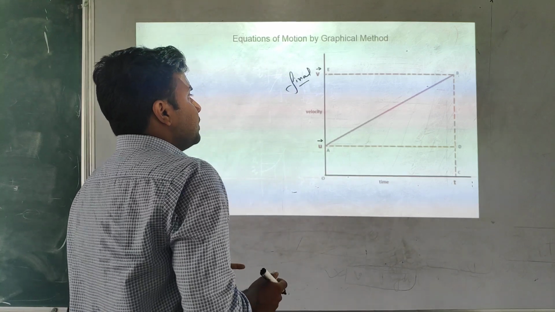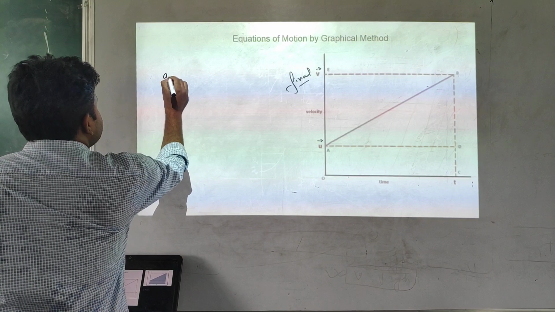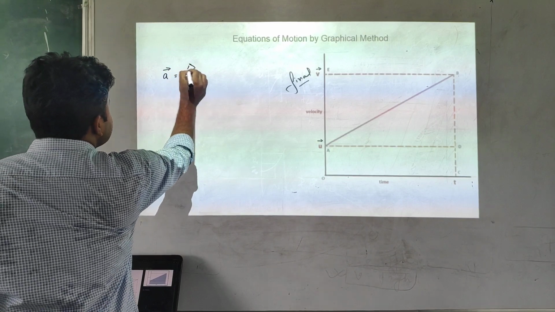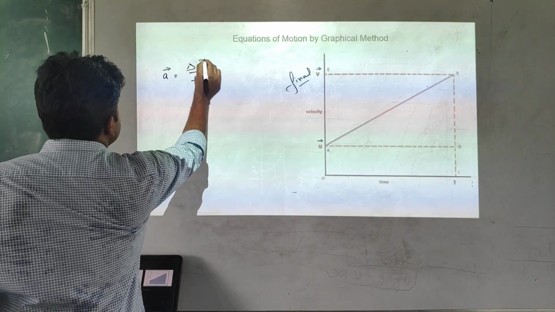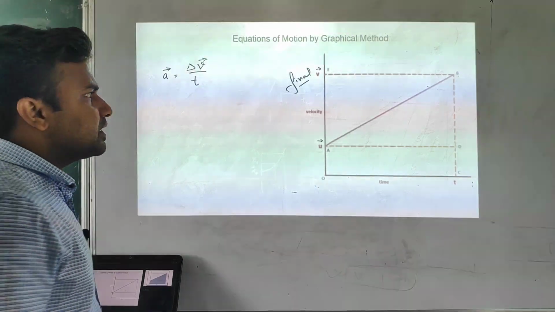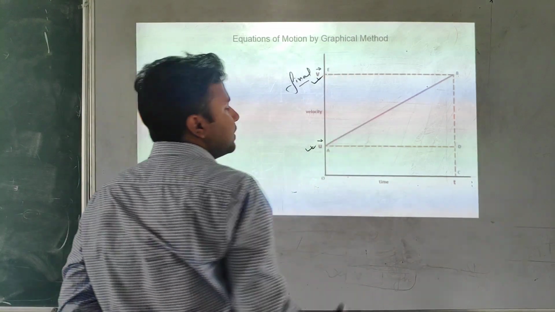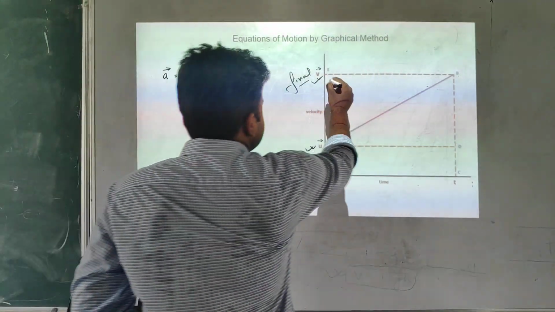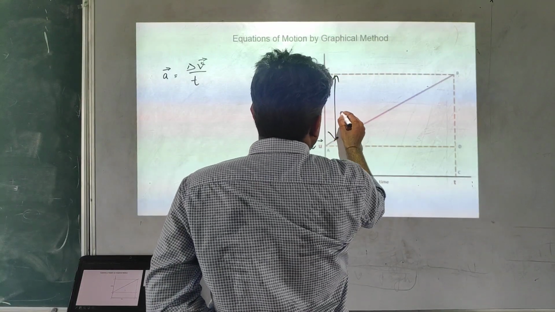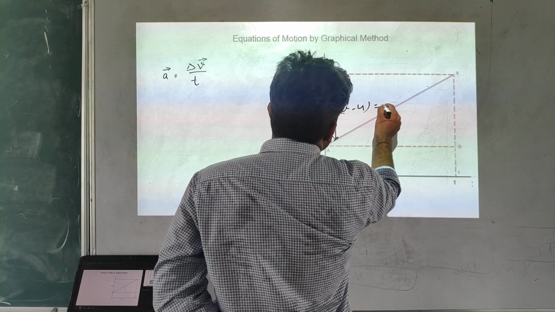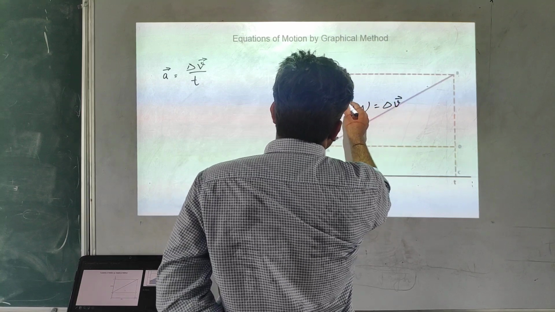Now students, we know the definition of acceleration, that is change in velocity divided by time. Look at this change in velocity. Initial velocity is u and final velocity is v. What is the change? Change is v minus u, which is delta v. Is it or not?